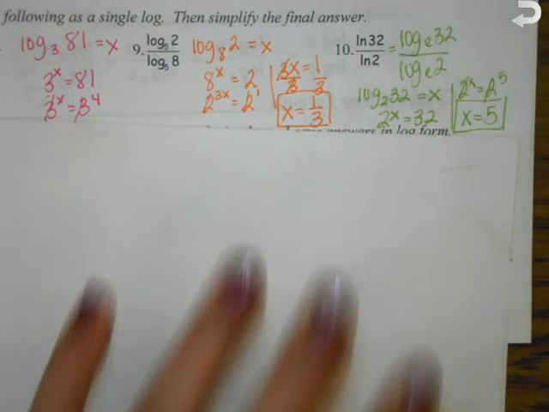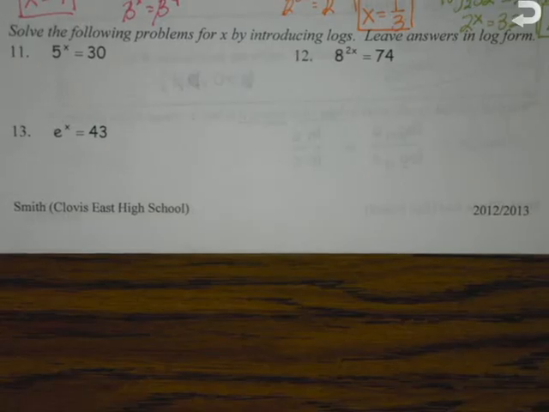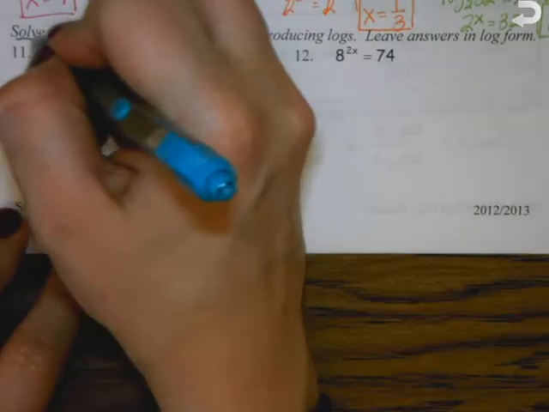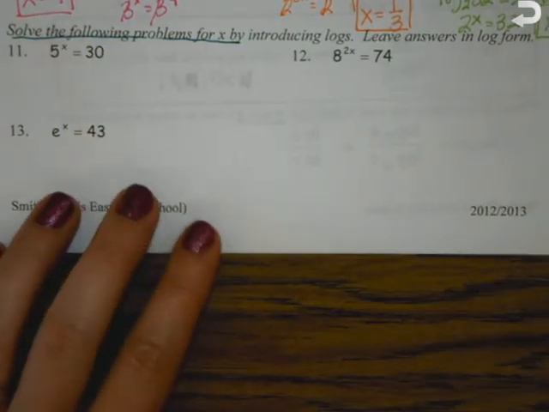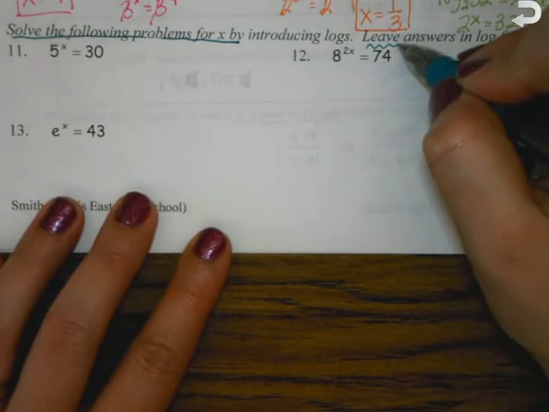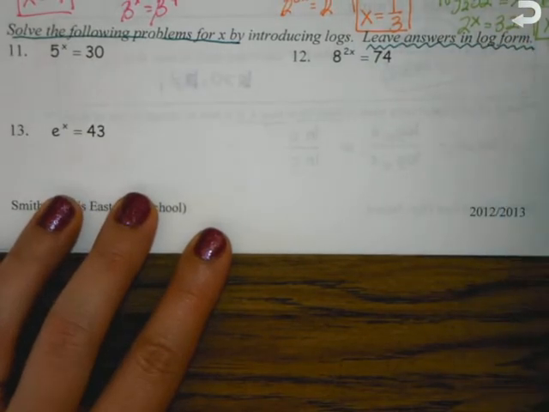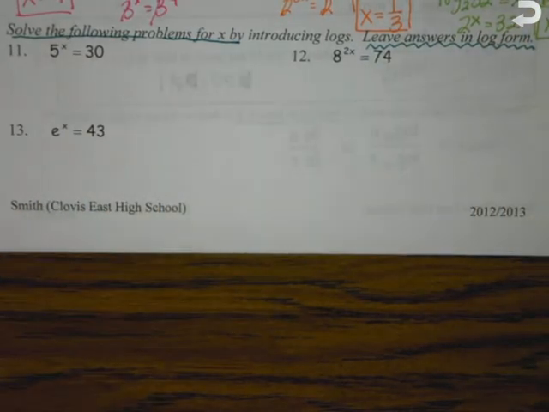Okay, so the last thing I want you to do, I want you to solve the following problems for x. So that's our instructions. We're going to have to introduce log, and I want you to leave your answer in log form. Okay, so make sure that you understand for these, we're going to leave our answer in the log form. Okay.